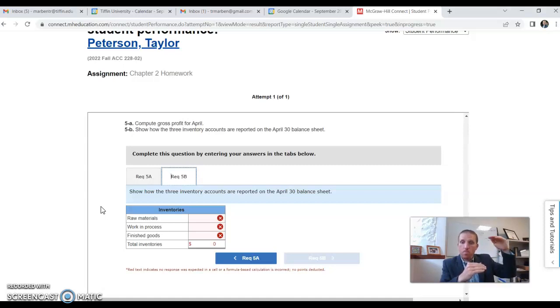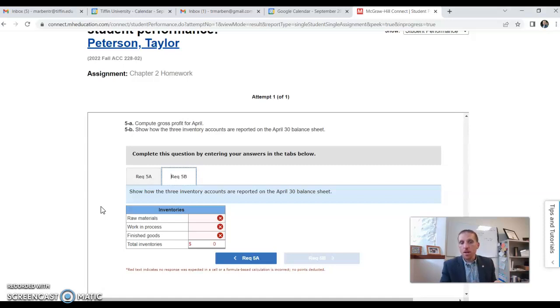So beginning balance, raw materials, direct materials, indirect materials, plus purchases, direct materials, indirect materials, raw materials as a total, minus what we used, what we put in process, direct materials or indirect materials. And that's going to give us our ending balance.